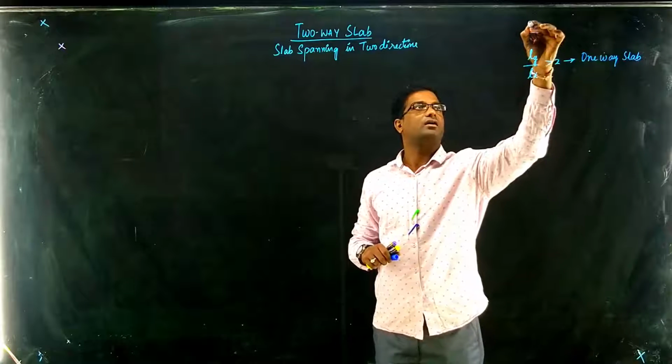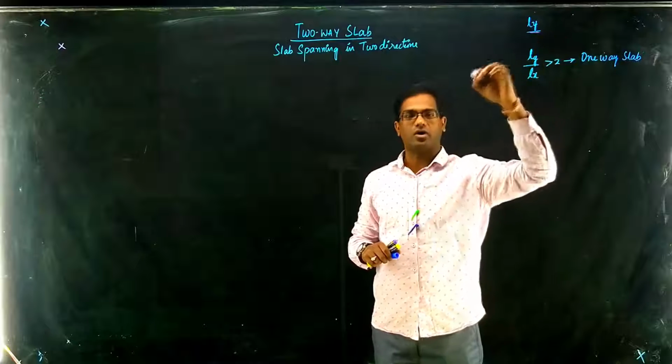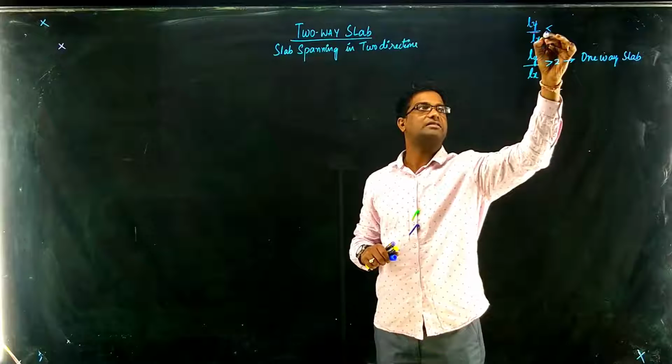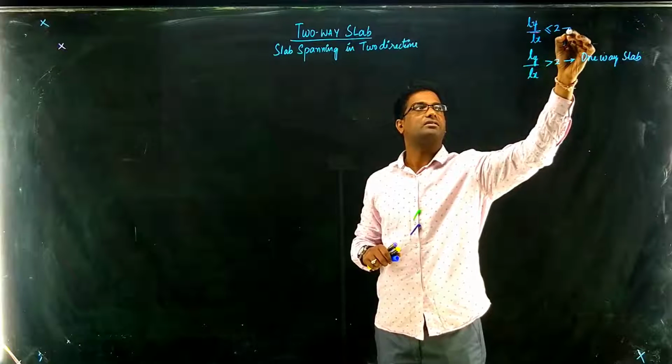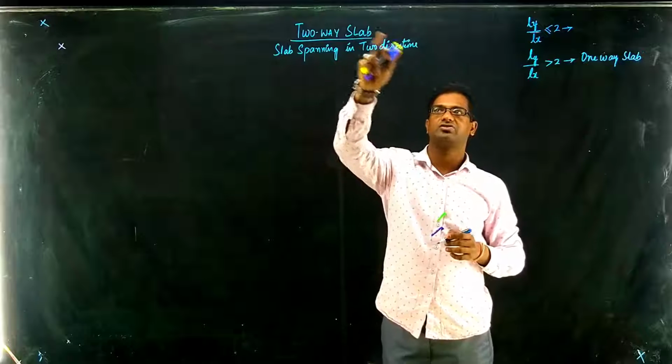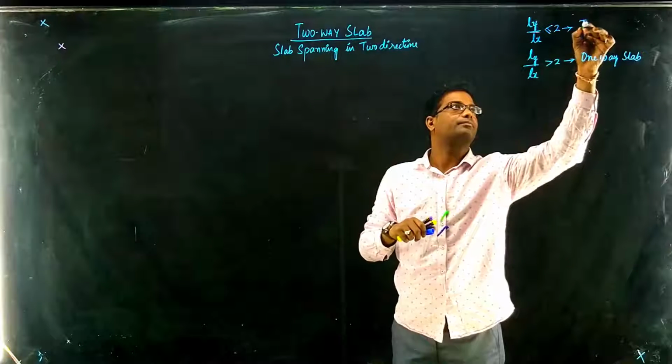If the ratio of longer span to shorter span is less than or equal to 2, then the slab is categorized as a slab spanning in two directions, or two-way slab.